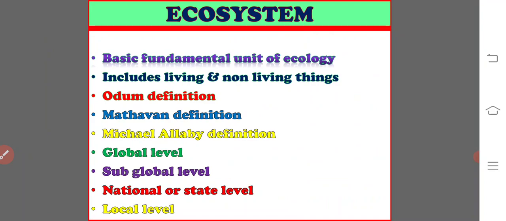And according to Madhavan, he defined the ecosystem as the sum of total living organisms, the environment, and the process of interaction between the various components of the system. And according to Michael Alabi, he defined the ecosystem as a community of interdependent organisms together with the environment.